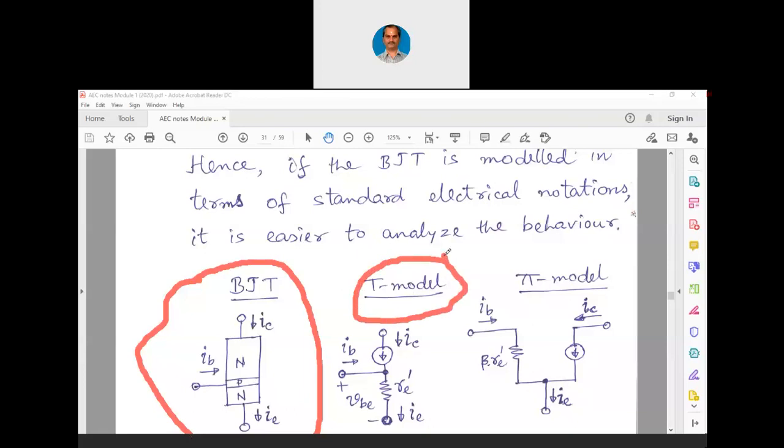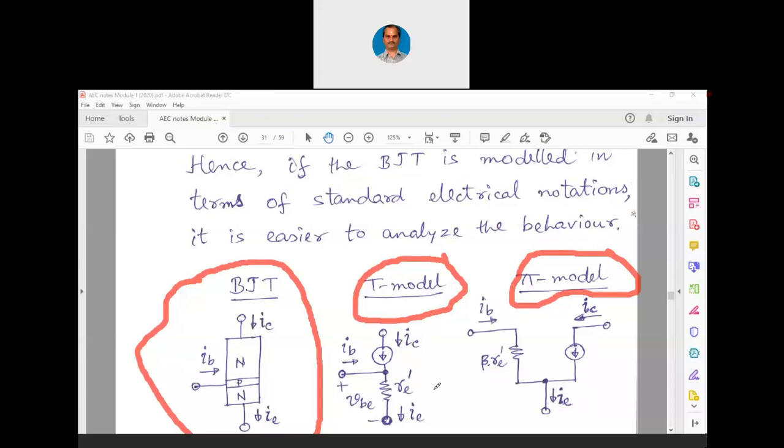These are called that way because of their shape. Earlier, the T model was popular in the very olden days when the transistor was modeled mathematically. Now the pi model is popular because it is very easy to use. In our exercises, we are going to use this pi model itself. The T model I am discussing only for the sake of clarity. Otherwise, in our exercises, we are going to work with the pi model itself.